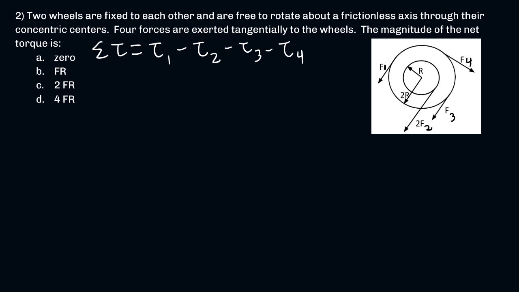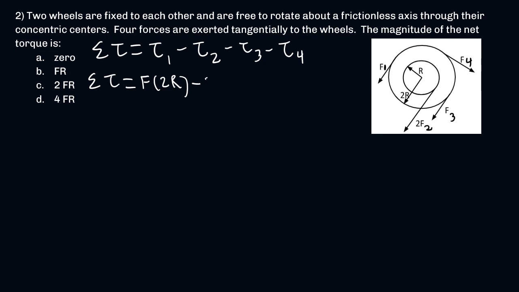So the sum of all torques. Torque 1 here is the one that I have labeled there. It is a force, and it is 2R away from the axis of rotation. So we have here just F times 2R. Minus torque 2. Torque 2 is 2F, and it is only 1R away from the axis of rotation at the center.